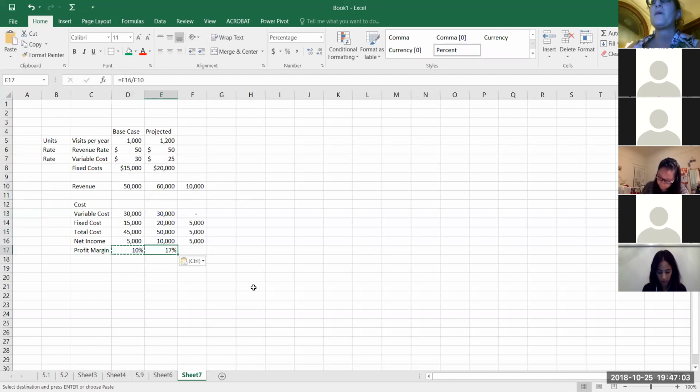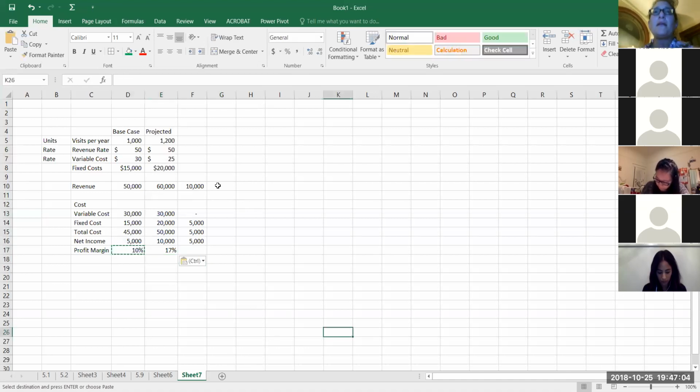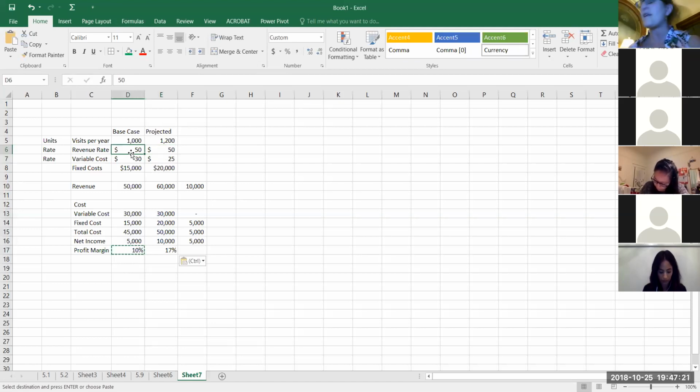So by cutting our costs slightly, it allowed us to... and I think maybe what they're suggesting we probably do here is to actually cut our revenue as well, even though they didn't say it. But let's look at that in a second.